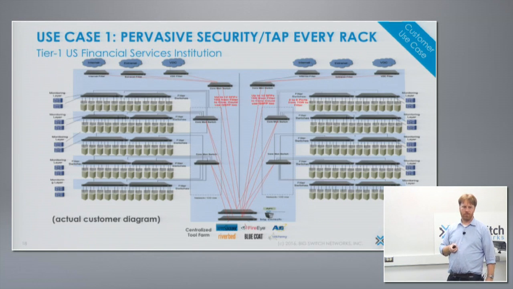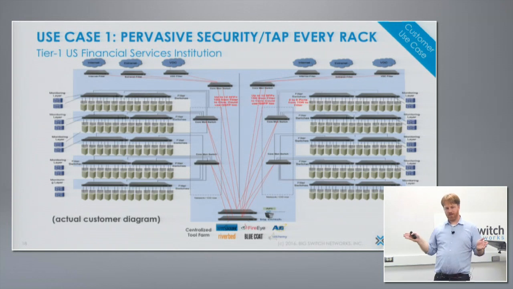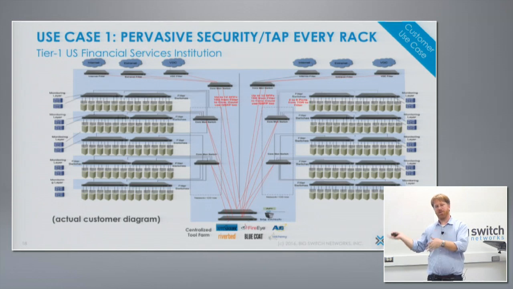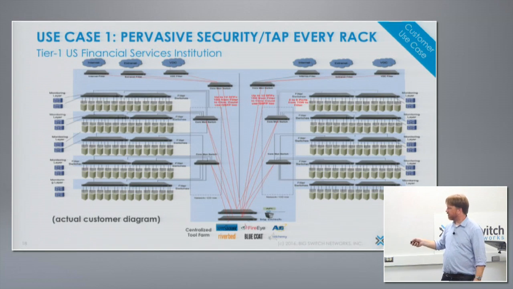Okay. It is possible in theory, I should say. We have the ability to load balance across a bunch of tools. So if you're willing to buy enough tools to actually consume all of the production network traffic, you could actually monitor every packet in your network. Now, practically speaking, the tools are the more expensive part of the solution. In fact, with this customer, the original design called for 2 complete sets of all tools, one for the left half and one for the right, with some idea of redundancy.